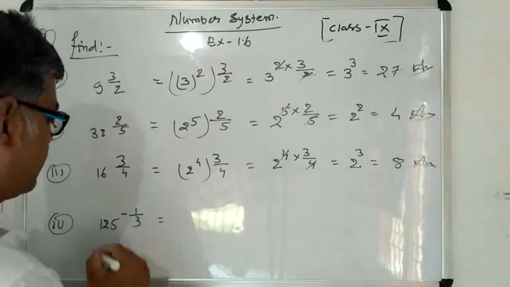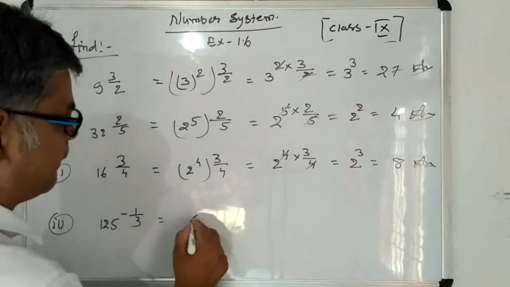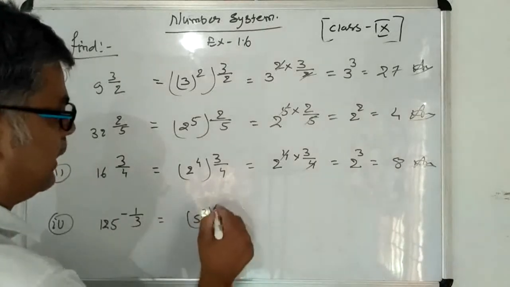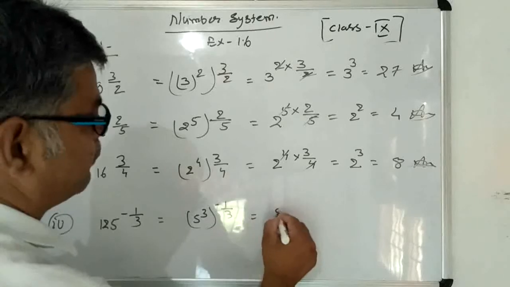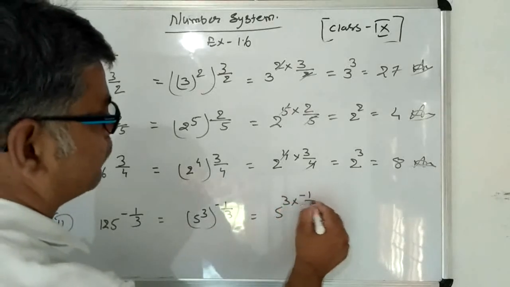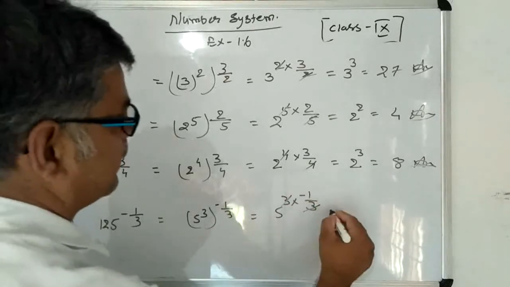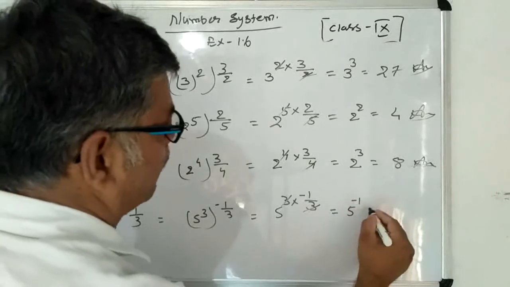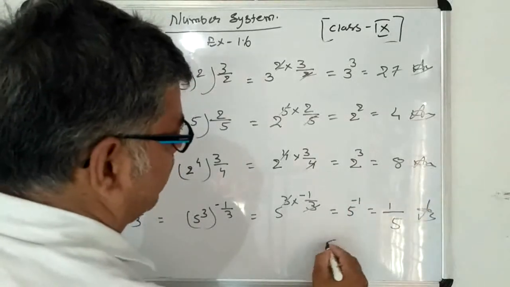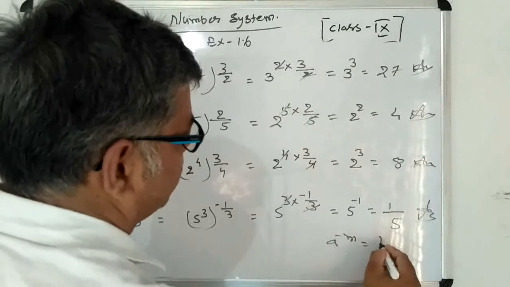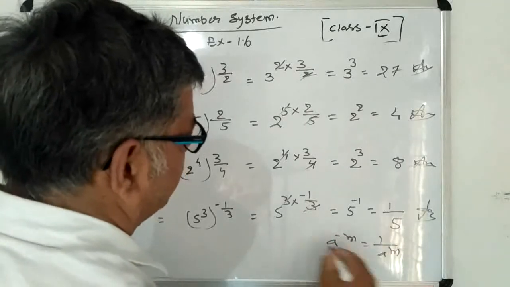Now similarly for this, 125 can be written 5 to the power 3, whole power minus 1 by 3. So 5 to the power 3 into minus 1 by 3. 3 will get cancelled. So it is 5 to the power minus 1. So it will be 1 by 5, because a raised to power minus m can be written as 1 by a raised to power m.